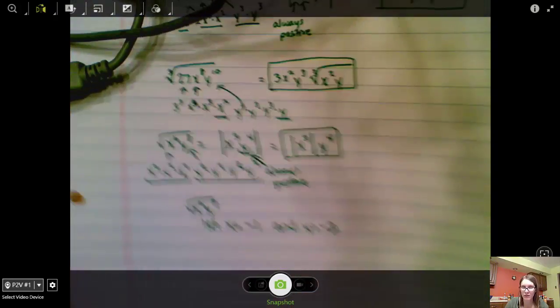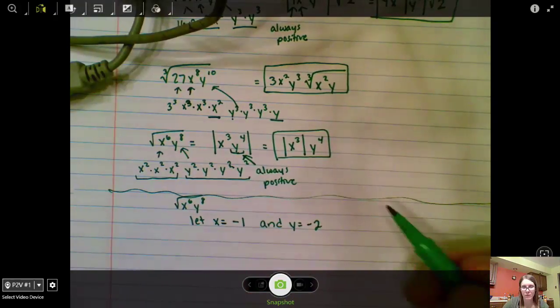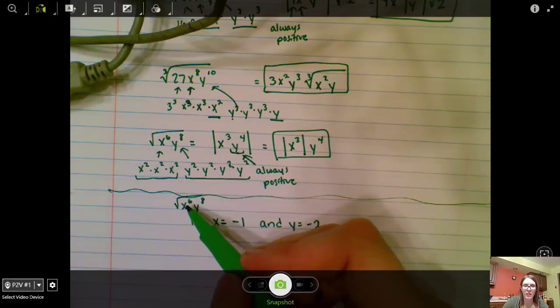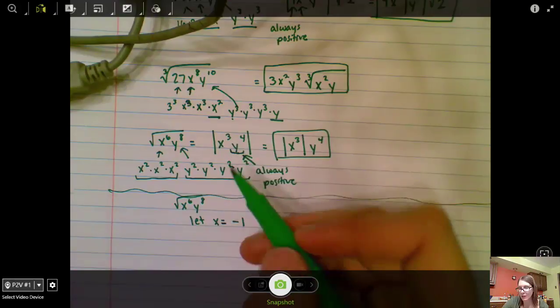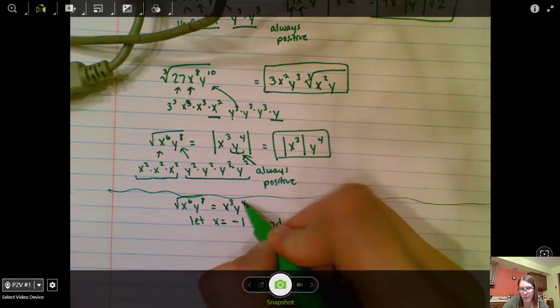Let's see what happens. If I didn't have my absolute value, like what we saw before, we'd have x cubed, y to the 4th.